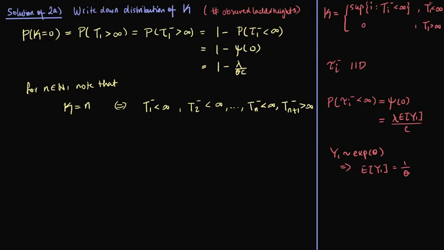How can we write this up in a different way? We know that the first ladder time is finite if the first inter-ladder time is finite. The second ladder time is finite if the first inter-ladder time is finite and the second inter-ladder time is finite. And so on. The nth ladder time is finite if all of the first inter-ladder times until the nth inter-ladder time are finite.